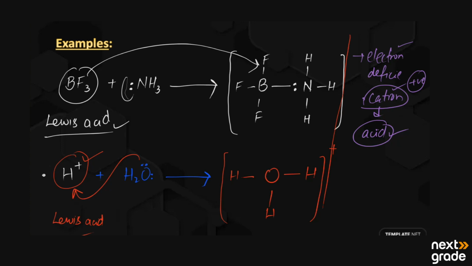Next we have the concept of Lewis bases. It is the inverse of the Lewis acid. So Lewis bases can donate an electron pair. The substances that donate an electron pair are known as Lewis bases.